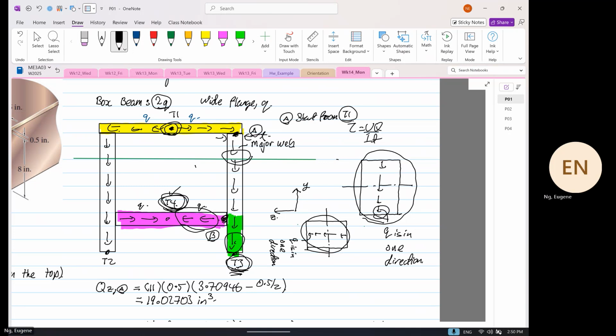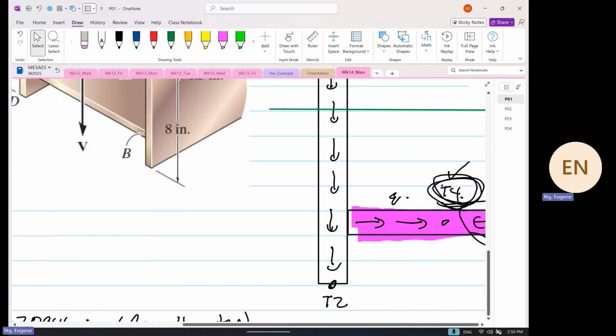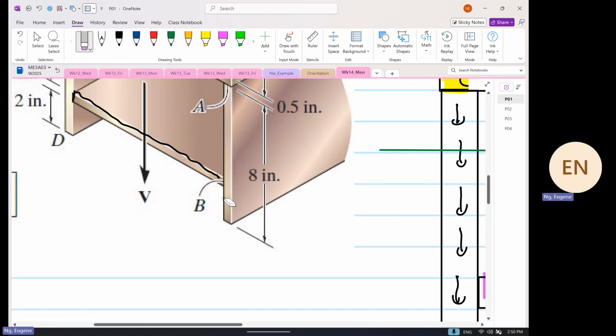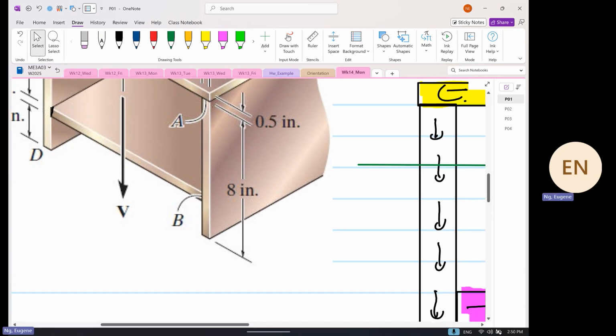Because if you look at this diagram, B belongs to the where? I'm telling you now. So if you look at B, if you zoom in, B belongs on the horizontal.